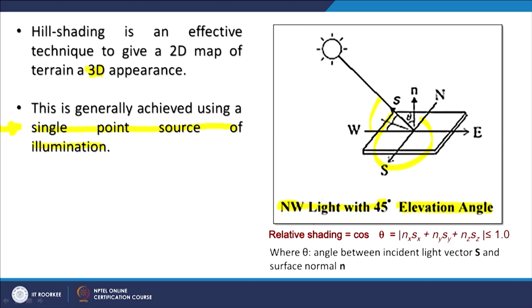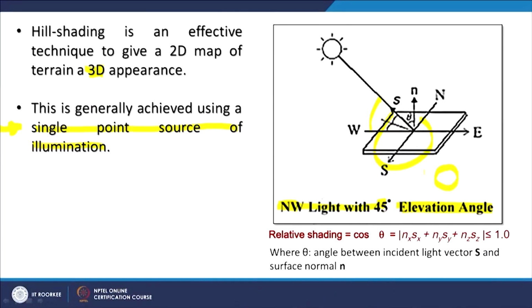If I have to compare my digital elevation model or the shaded relief model with the satellite image of that particular area, then I can find the sun position of the satellite image when it was acquired, in terms of azimuth and elevation angle. I can use those 2 parameters of the sun and put them here.